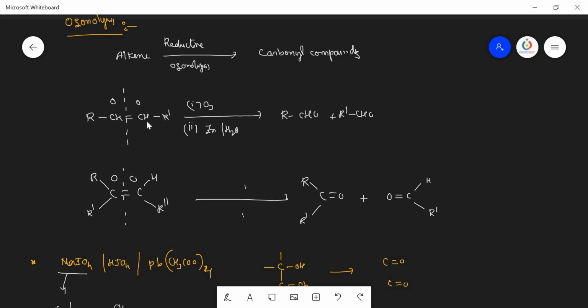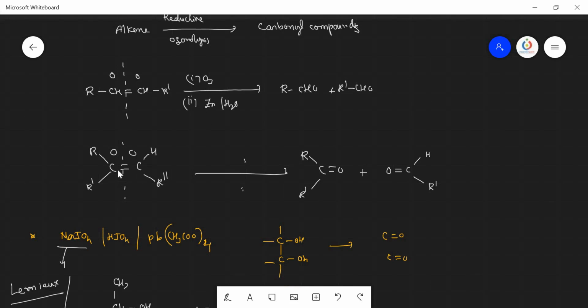If it has no hydrogen and both carbons carry alkyl groups, then they give the ketone. So here we disconnect this double bond and put oxygen in the presence of ozone, followed by zinc and H2O. So we get the aldehydes here. Now in this alkene, if you see, the carbon-carbon double bond is there, with an alkyl part and an alkyl part on one side. Here, hydrogen and an alkyl part.